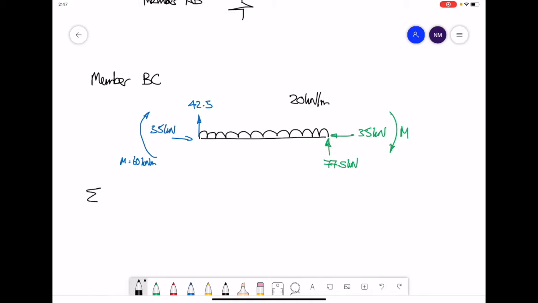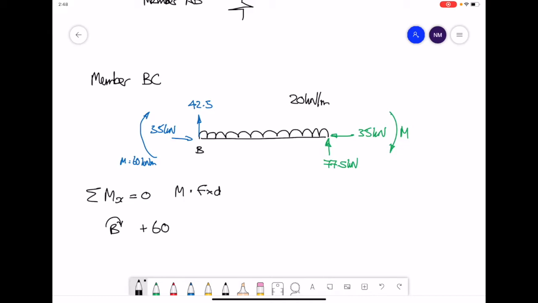So applying our equilibrium equation, moments about any point. Remember now, this is point B. So we're going to take moments about point B. Moments are force by a distance. On the very end of the beam, left hand side, we have a clockwise moment of 60.